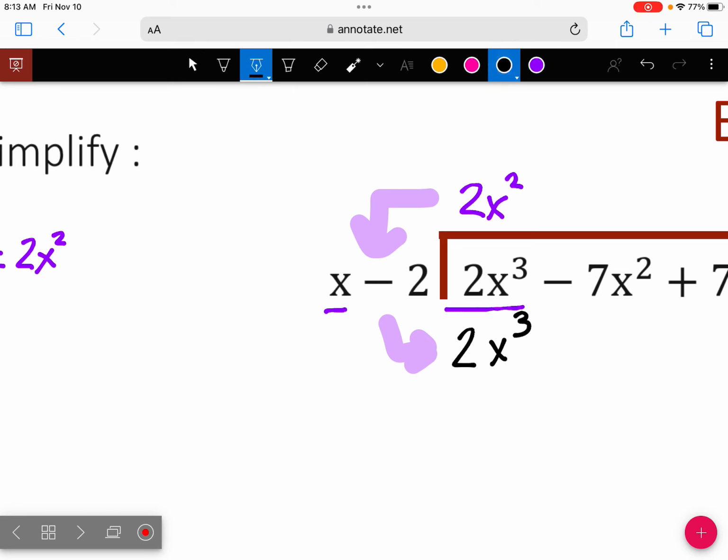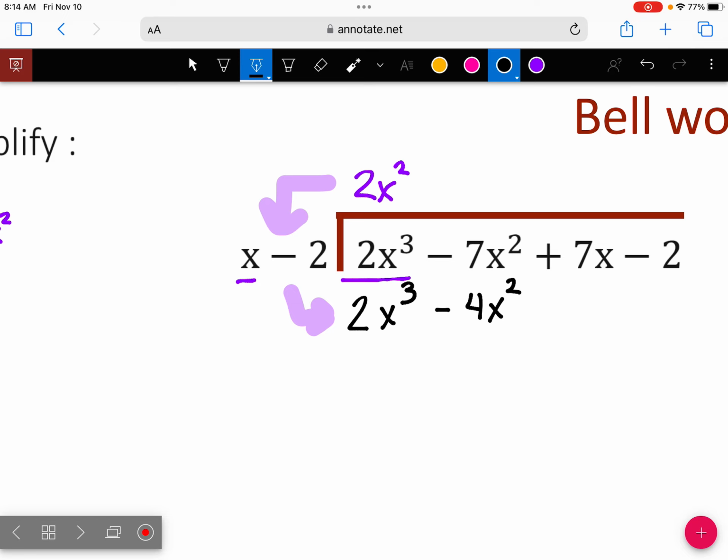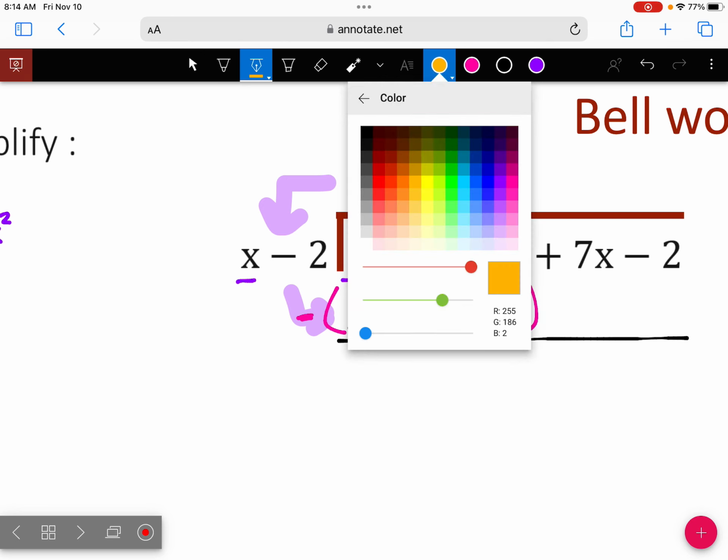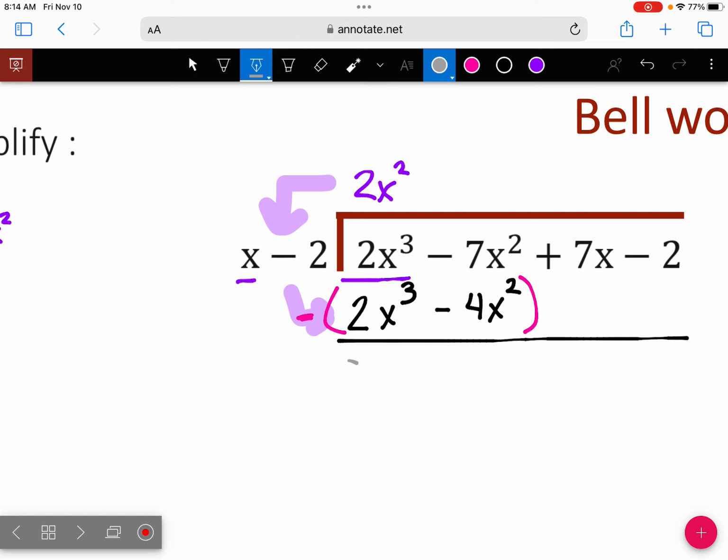2x cubed minus 4x squared. And then we subtract the whole line. 2x cubed minus 2x cubed gives us 0x cubed. That's the whole point, is for that to cancel out.